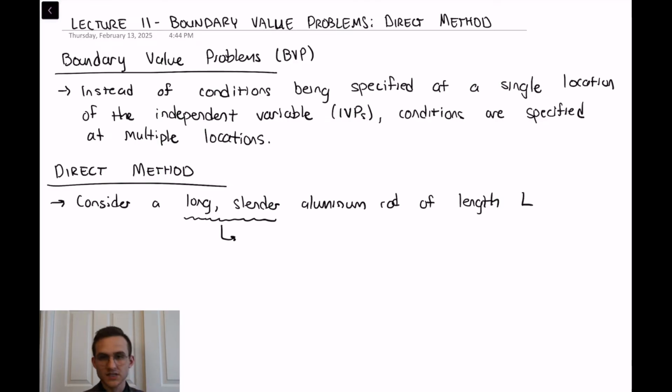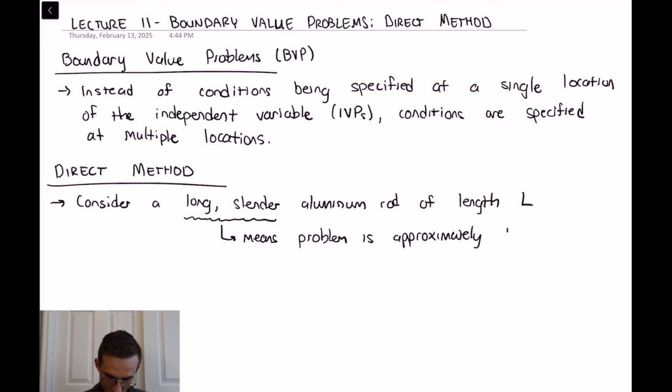Okay, and when I write down these words long and slender, it basically translates to the fact that the problem is approximately 1D, meaning that the rod is so narrow compared to its length that it's essentially like a 1D line.